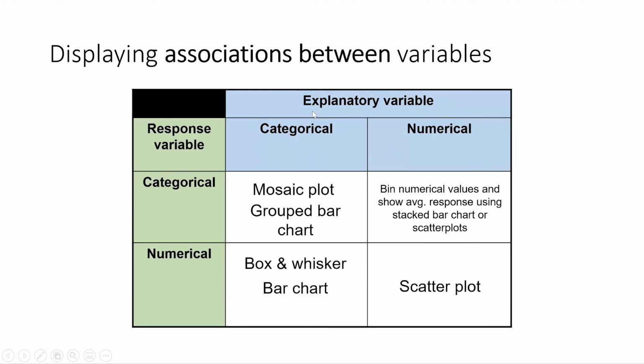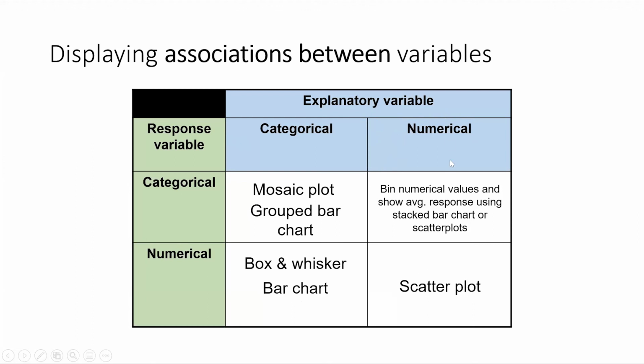If the independent variable, explanatory variable, x variable is categorical and the response is numerical, we might want to make a box and whisker or a bar chart. If the explanatory variable is numerical and the response is numerical, we're going to make a scatter plot.